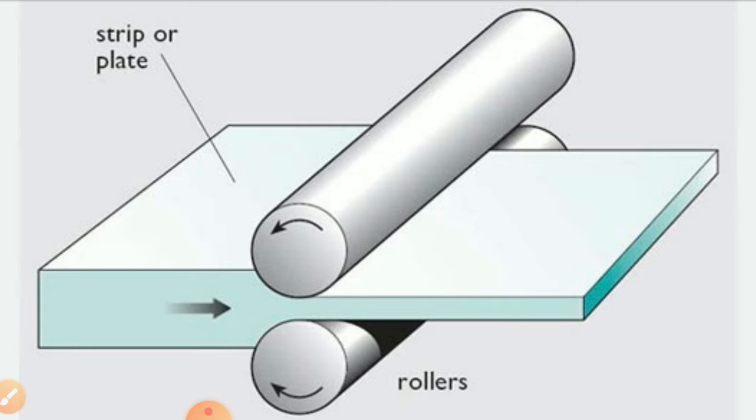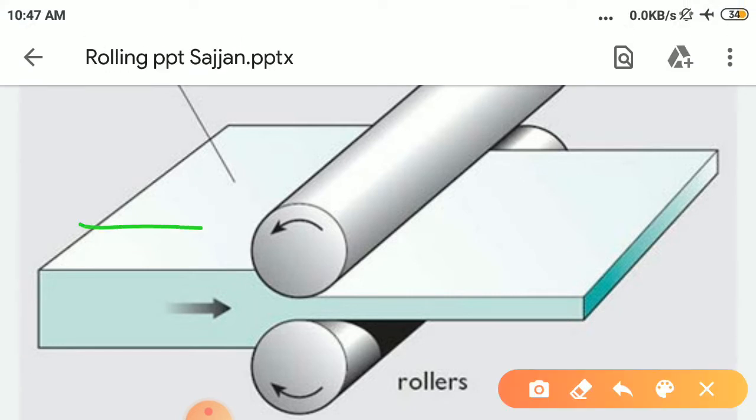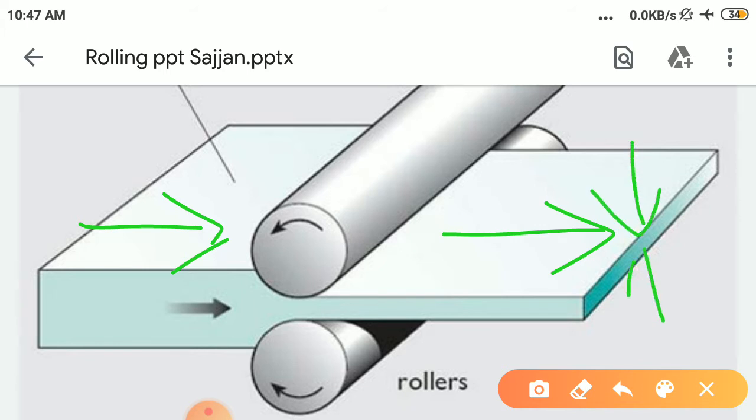So here we are having only two rollers. So from this side, strip will enter between the rollers, and this is the exit. So you can see that the thickness of the sheet is reduced here.